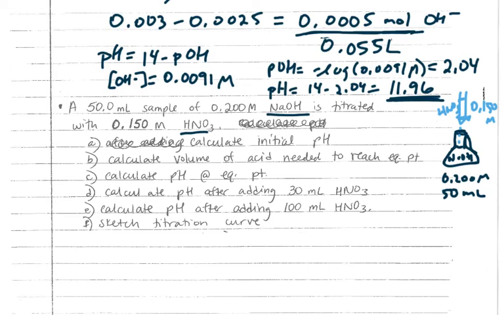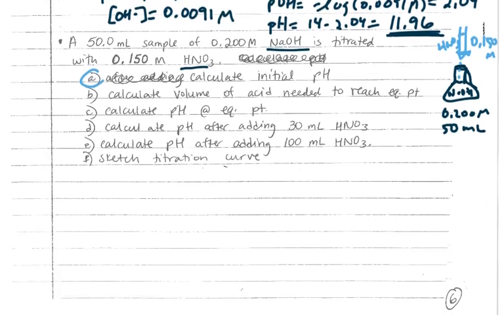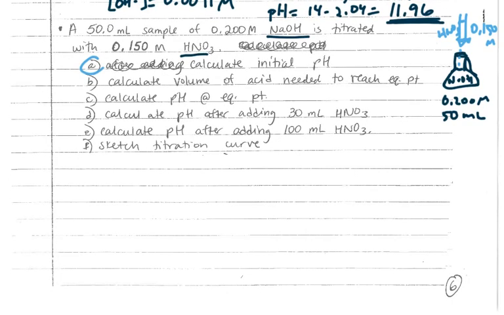So this is a multi-part problem asking us to calculate many things based on this information. First we want to calculate the initial pH. The initial pH is simply going to be the pH of that base by itself. And since it's a base, we can calculate the pOH, the negative log of the hydroxide concentration. Since we have 0.20 molar sodium hydroxide, which is a strong base, it will simply dissociate into 0.20 molar hydroxide ions.